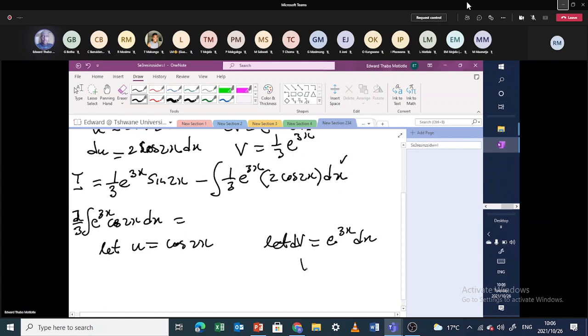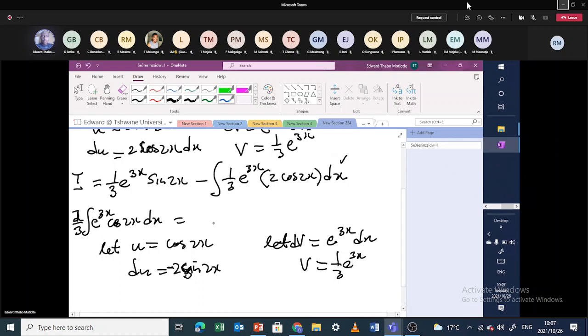So integrating here, v is equal to 1 over 3 e to the power 3x, and then du here is equal to negative 2 sine 2x. So this is a sine. Now substituting, I'm going to substitute here using a different color.